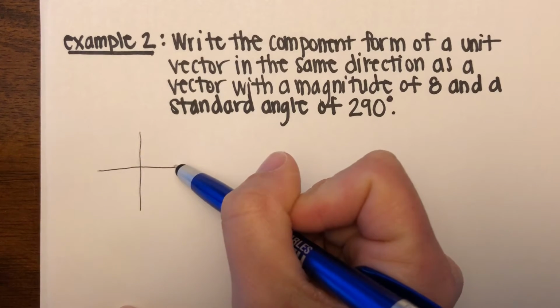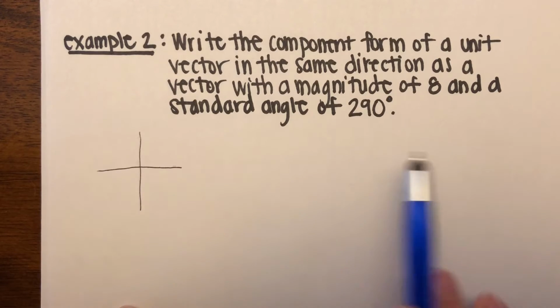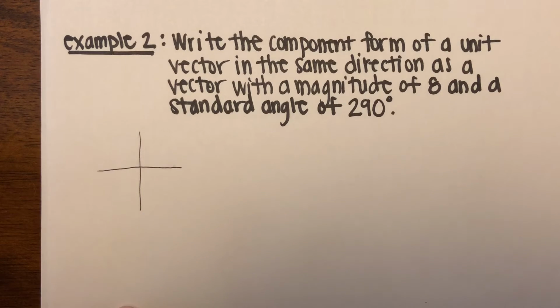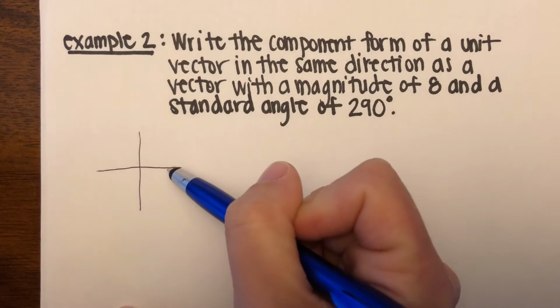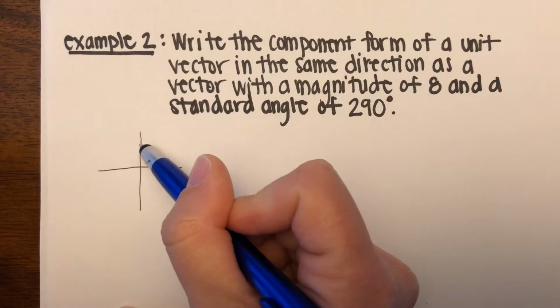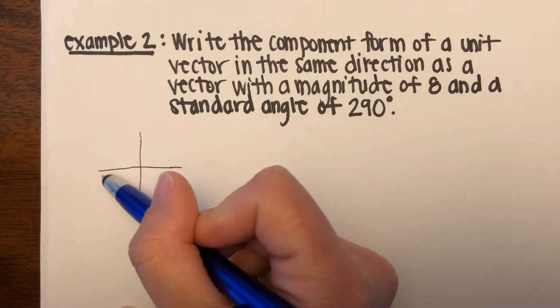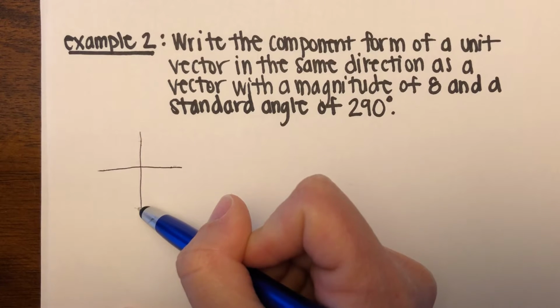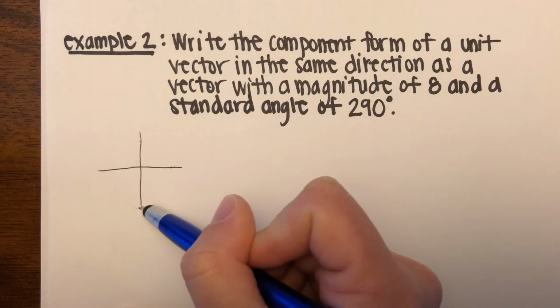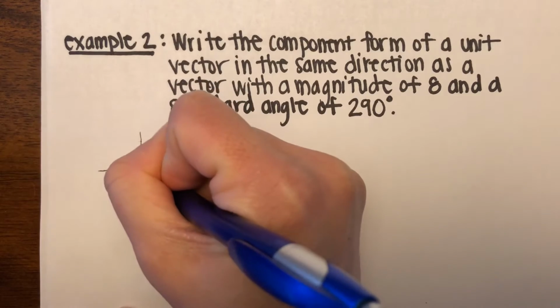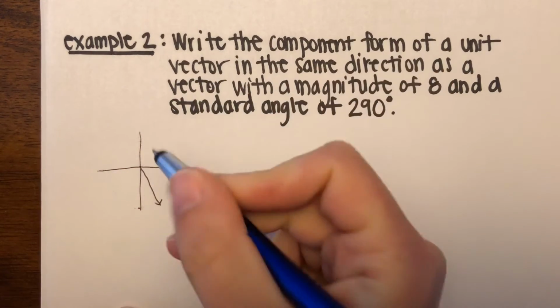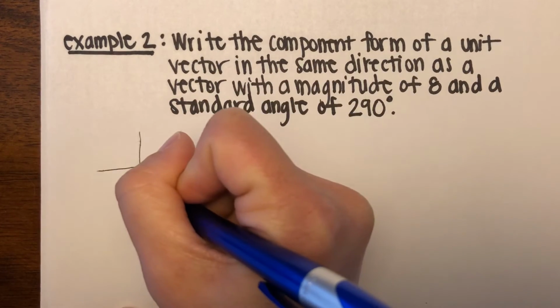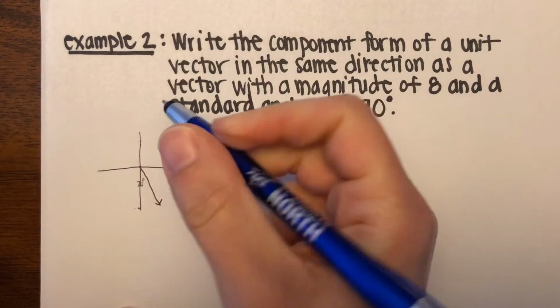So if I start here and go counterclockwise 290 degrees, let's see. So if I go from here to here, that's 90, 180, 270. So I have to go 20 degrees more to get to my vector. So that would put me about here. Okay. So this angle right here is 20 degrees.